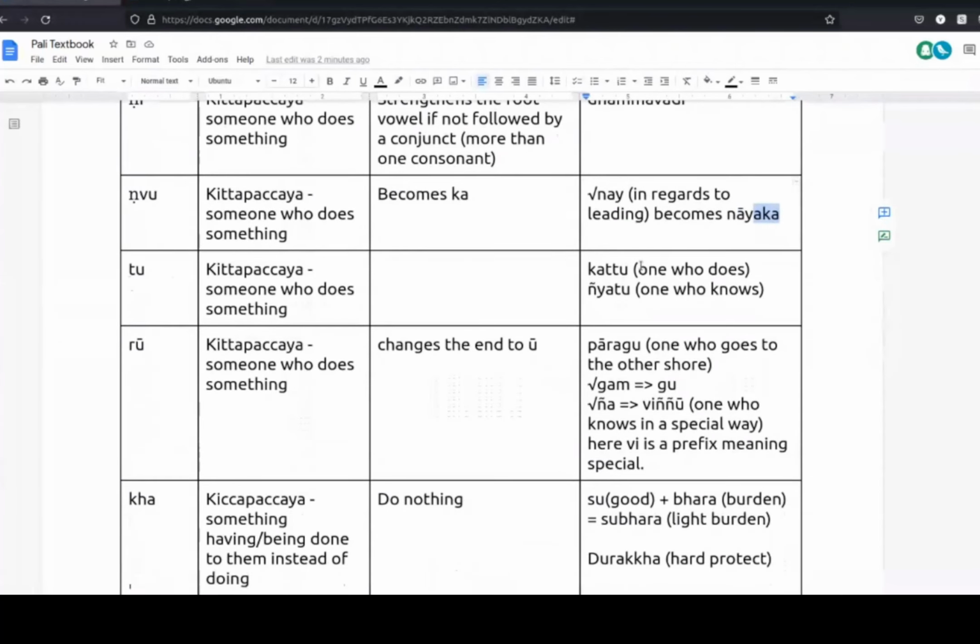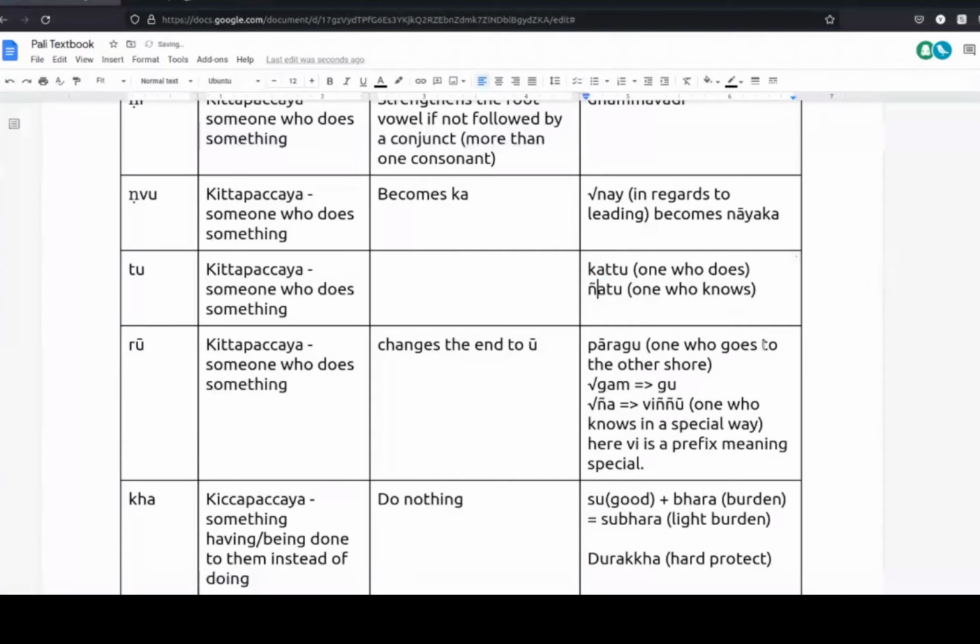Tu we've seen already in katu, like katu vachaka. Katu comes from the root kar. And kar plus tu becomes katu. This is just sandhi because you can't have kartu. In Sanskrit, you'd have something like this, kartu, I think. In Pali, you can't do that. So you have katu. And this is not right.